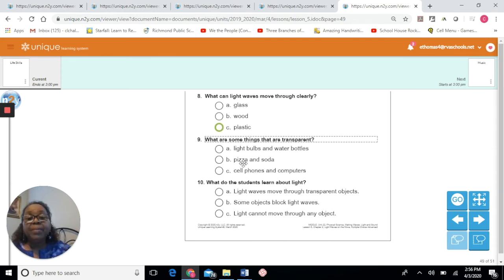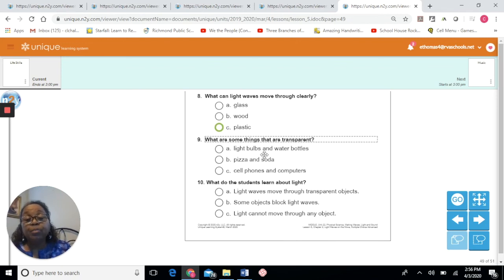Excellent. Pizza and soda. Well, if I think about pizza, I know you cannot see through a pizza, but a soda, some sodas you can see through. Sprite, I think you can see through Sprite, but this question has the word and. If you can see through soda, but you cannot see through pizza, this is a wrong answer.